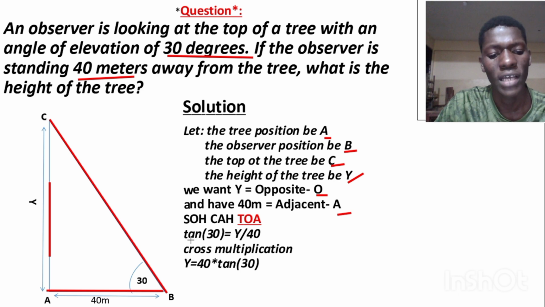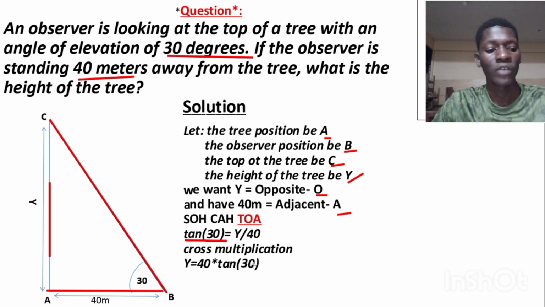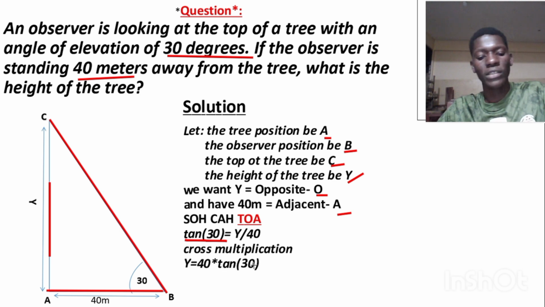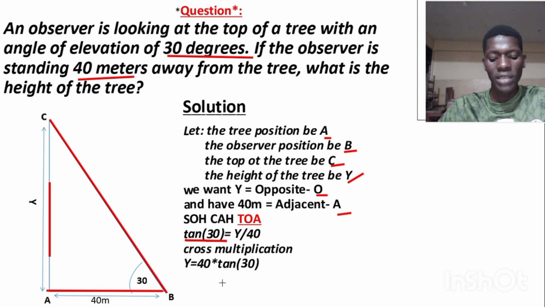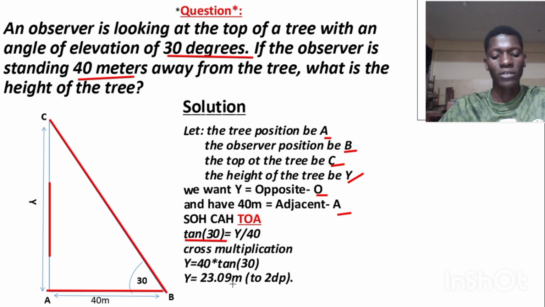And you assume that the tan 30 was over 1. So the y will multiply that over 1 and give us only y. So we are saying y equals 40 times tan 30. So at this point, we can use our calculator to do it. So I think our calculator will give us something like y equals 23.09 meters to 2 decimal places.